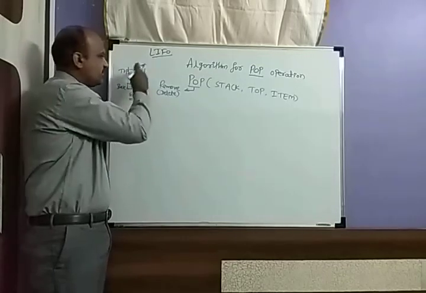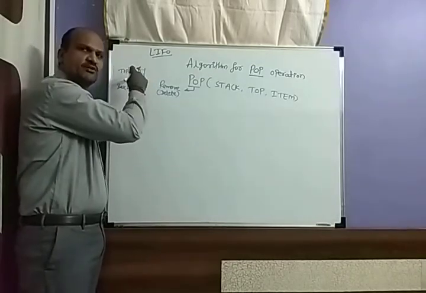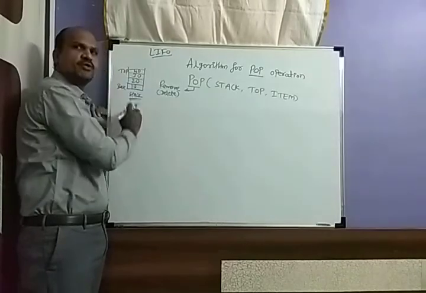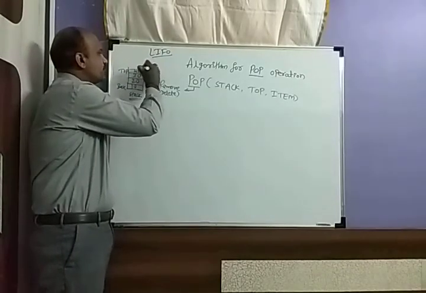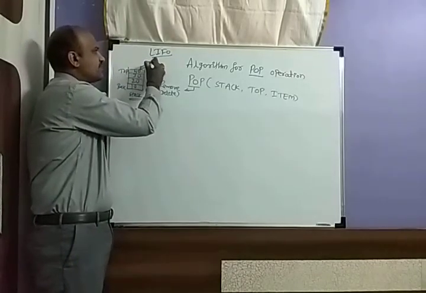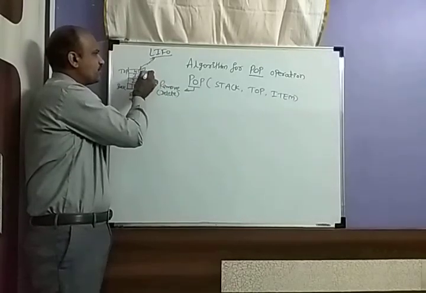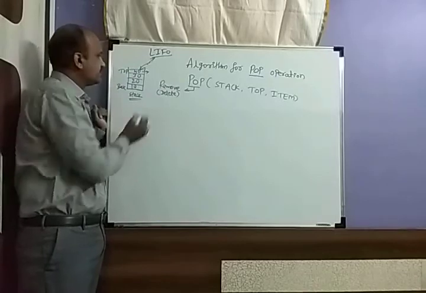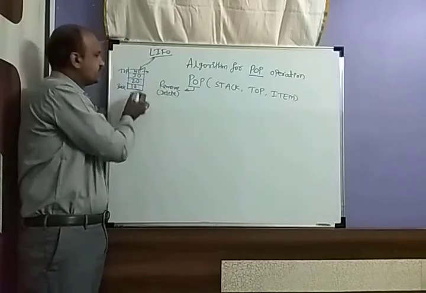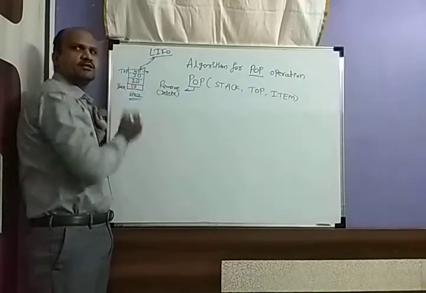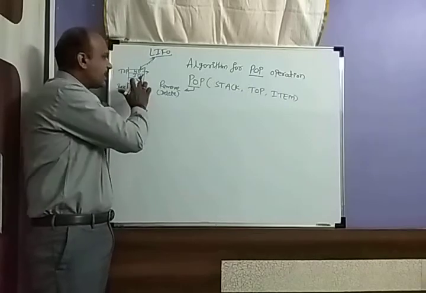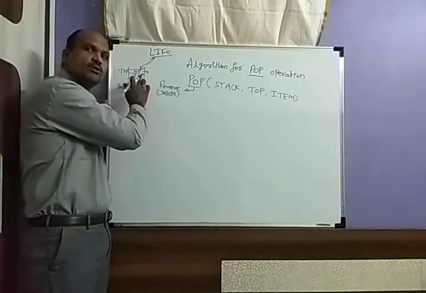The items are already present in the stack, and those items should be removed. Here it is last in, first out. So what is the last item? That is 40, which you should remove. Then 30 will be removed, then 20, and then 10. If the items are present, then only you can remove.